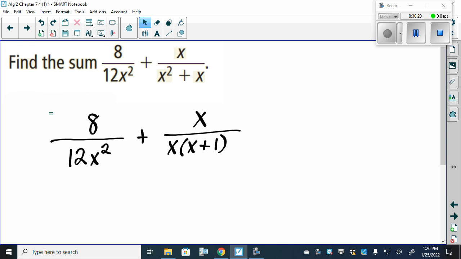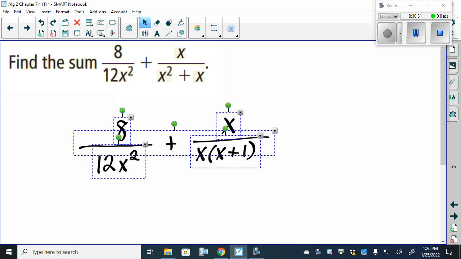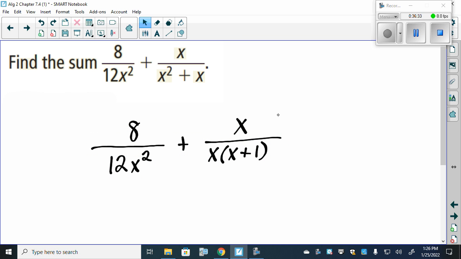Now we can look at getting these denominators to be the same. So we're going to multiply the top and bottom of both of these by a certain amount to get the denominators to be the same.